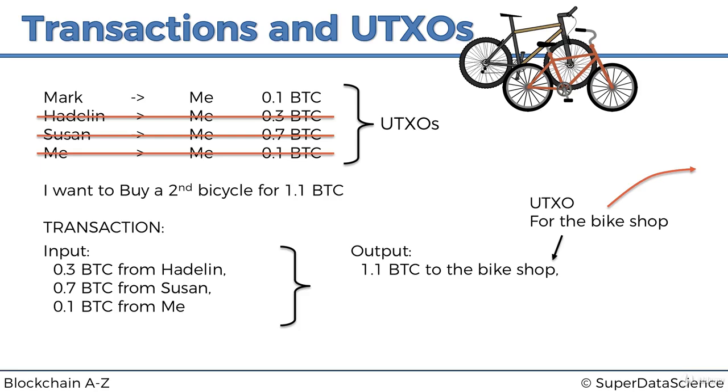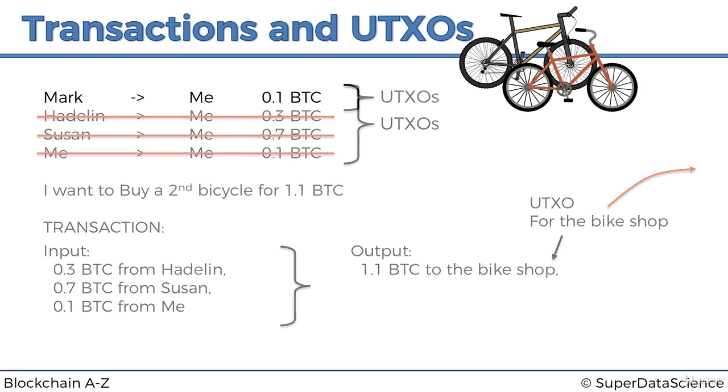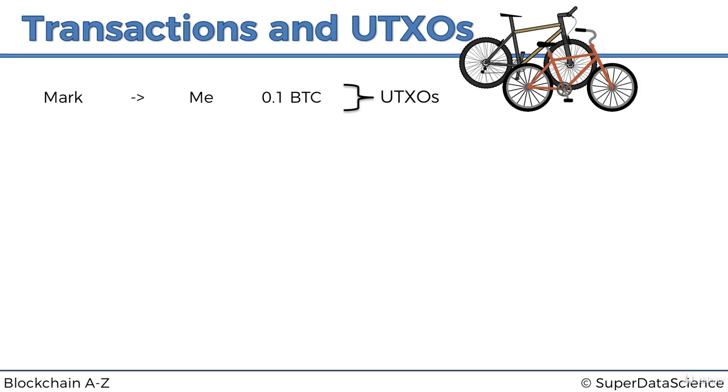Now if we recalculate our UTXOs, you'll see that I only have one UTXO left. All of those things go into the blockchain, but once you go through it, you'll see that they've all fed into each other in a way. The result for me is that I only have one UTXO left, 0.1 BTC, and that is considered my balance.